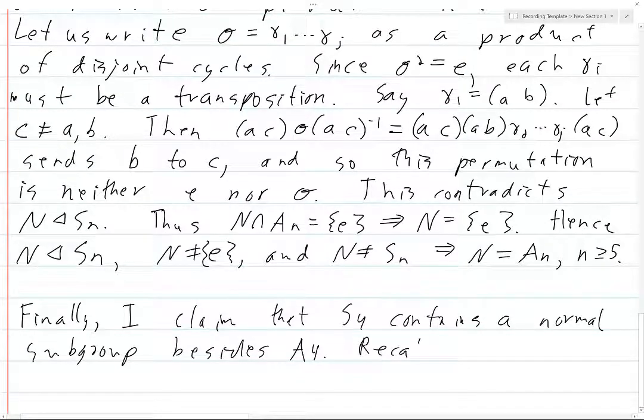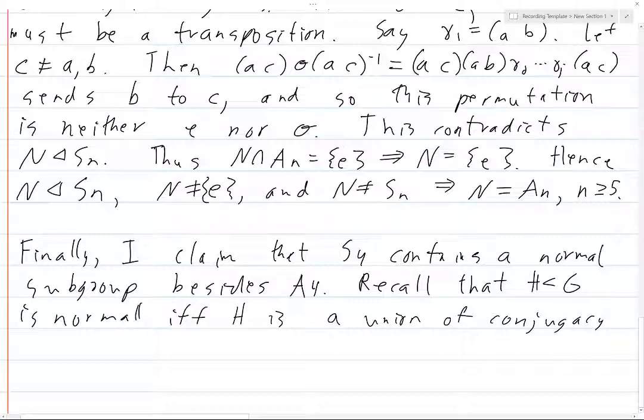So recall that given a subgroup H of G, this is normal if and only if H is a union of conjugacy classes. And that's just a group theory fact.